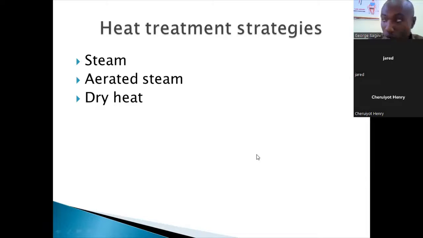Steam can be produced using a steam boiler or even a steam generator. But aerated steam is whereby there is blending of the steam with forced air from the blower. Yeah, that is very good for that discussion.